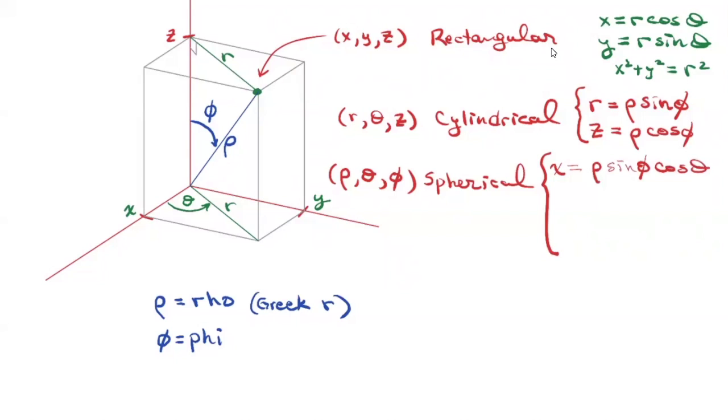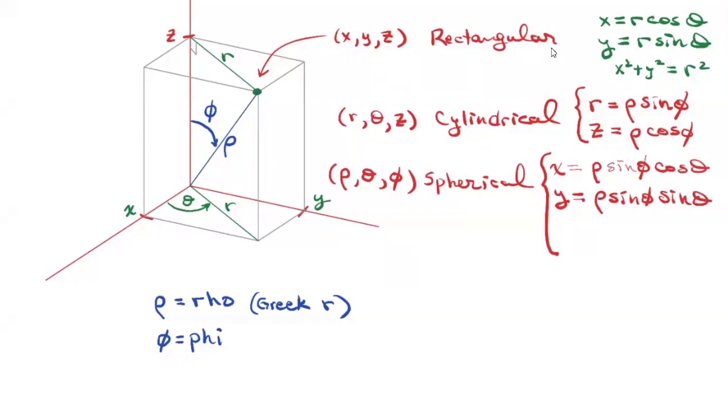Like that. Y is r sine theta. And again, r is rho sine phi. So y is going to be rho sine phi sine theta, my bad.